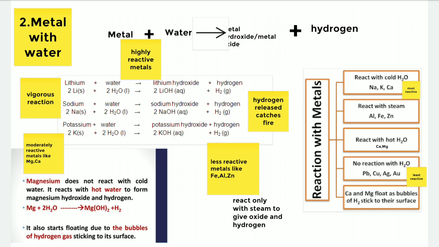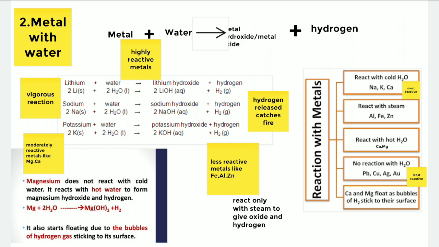They need a little higher temperature, so they react with hot water to produce metal hydroxide and hydrogen. For example, Mg plus H2O gives Mg(OH)2 plus hydrogen. And here we can note that it can also float due to bubbles of hydrogen gas sticking to its surface. This is one important observation.